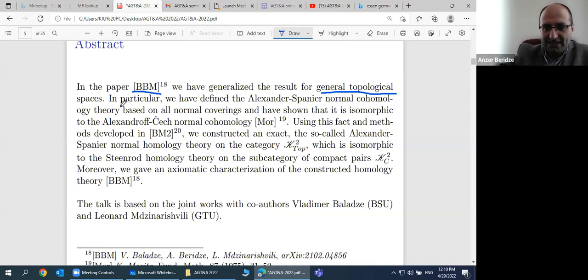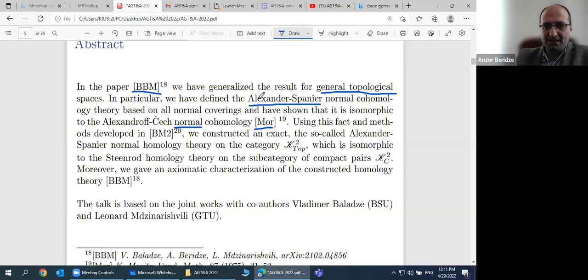But to do this, it is very important to modify Alexander-Spanier cohomology. This modification was really done by Morita, because Morita defined Alexandrov-Čech normal cohomology. Why is the word normal there? Because this cohomology is based on normal coverings, not all open coverings, but only normal coverings.